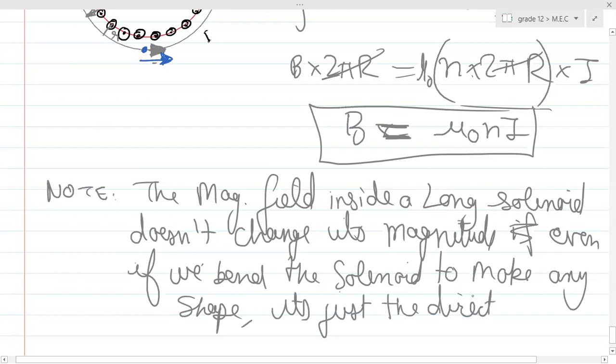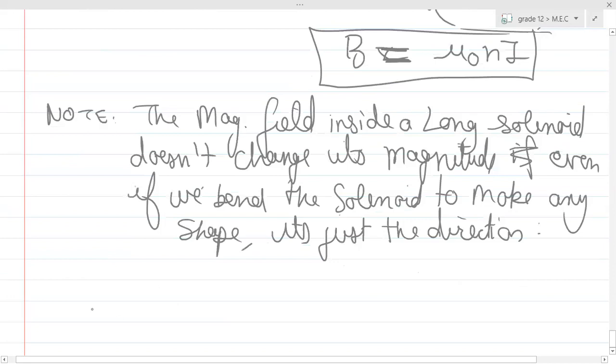So basically, guys, you understood now. If it was a long solenoid, then it was straight. Then you bent the solenoid in the shape of a circle to make a toroid. Then it became circular, right? Suppose you have a solenoid like this, a random shape.